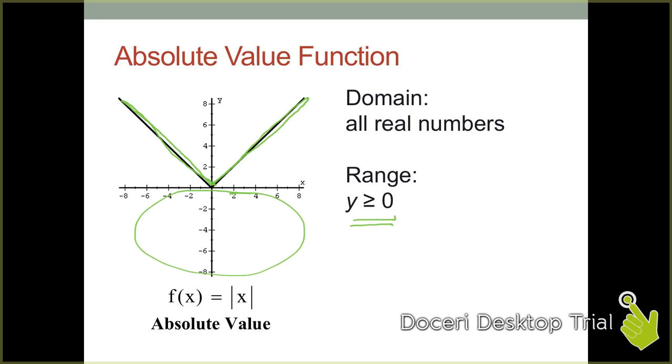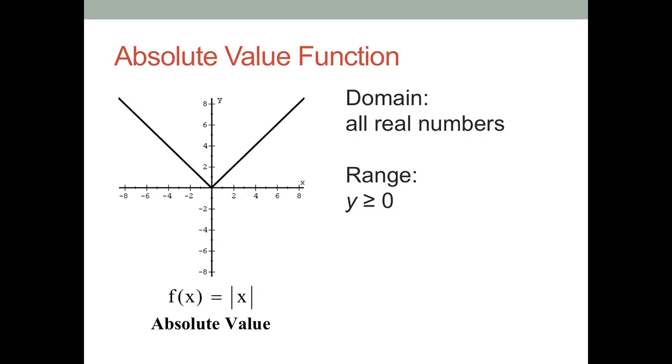We do want the or equal to because that vertex does have a y value of 0. So 0 is a possible y value, but nothing below that is possible. And again, this is just in relationship to the parent functions.